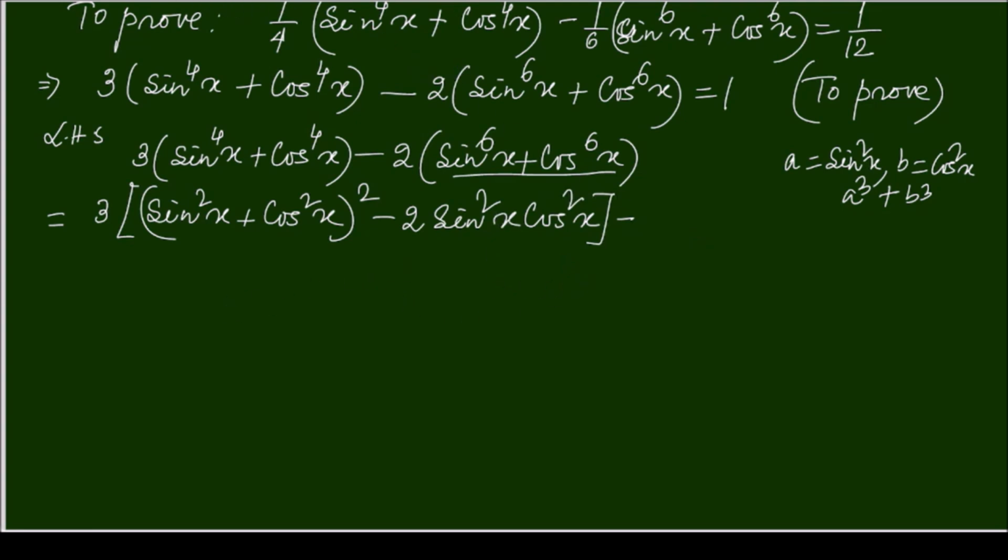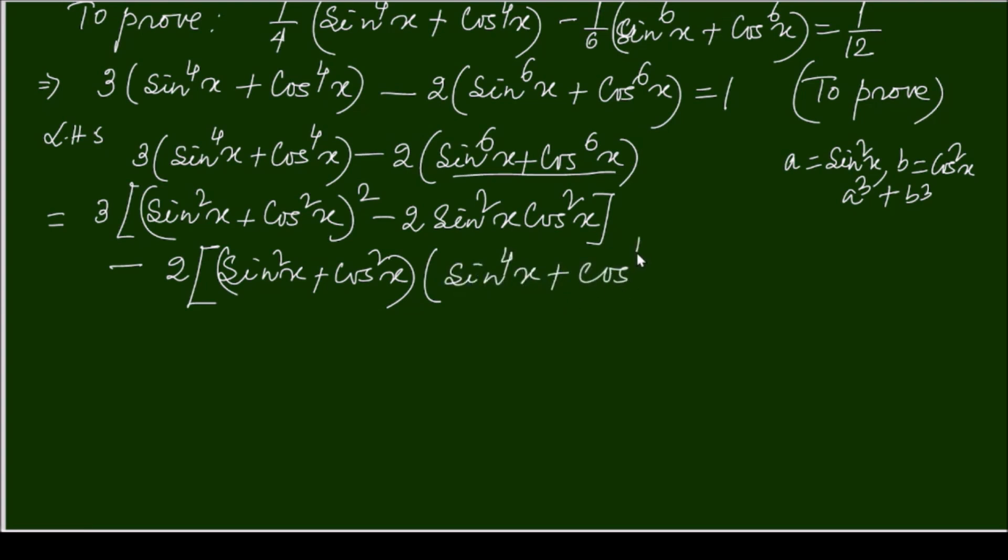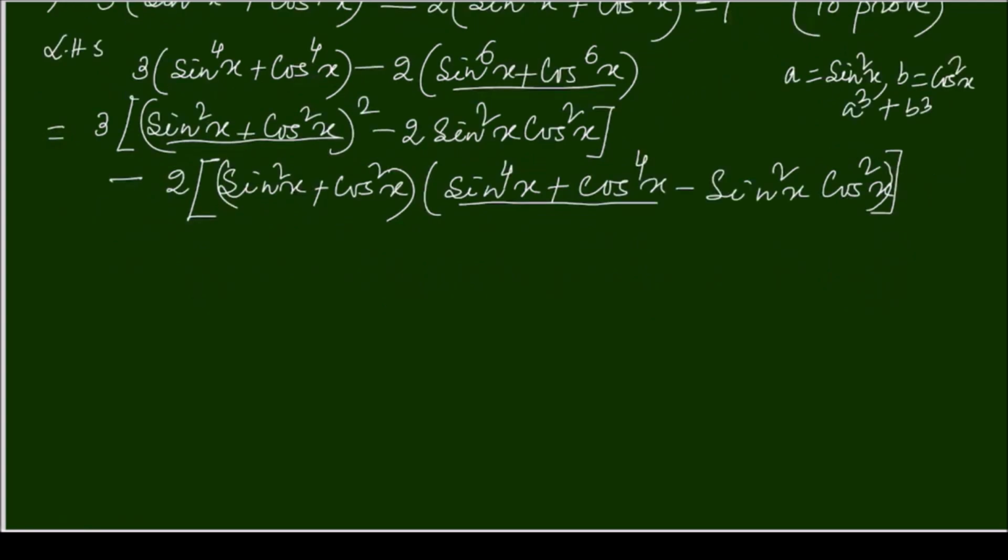Here I am just continuing in the second line, minus 2 times of sin square x plus cos square x, this is your a plus b, into a square sin power 4x plus b square cos power 4x minus sin square x cos square x. So in the next step, we know that sin square x plus cos square x is 1.